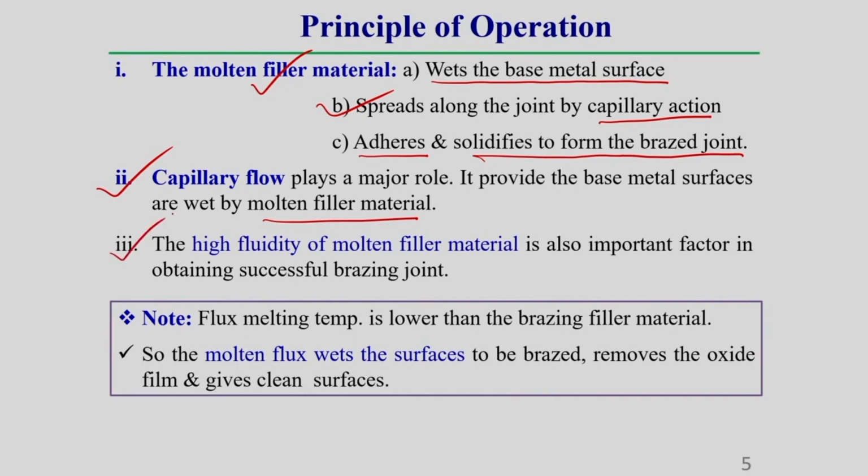And another most important part of this brazing process is that high fluidity of the molten filler material is very much essential. Whatever molten filler material we are going to use should have very high fluidity. Another important thing before discussing the principle of operation in detail: note that the flux generally used in the brazing process has a melting temperature lower than the filler wire.